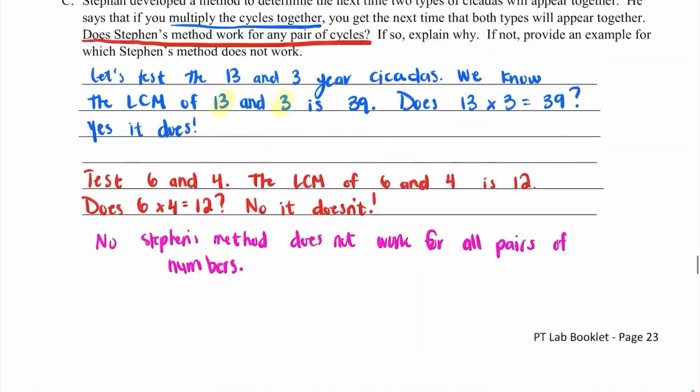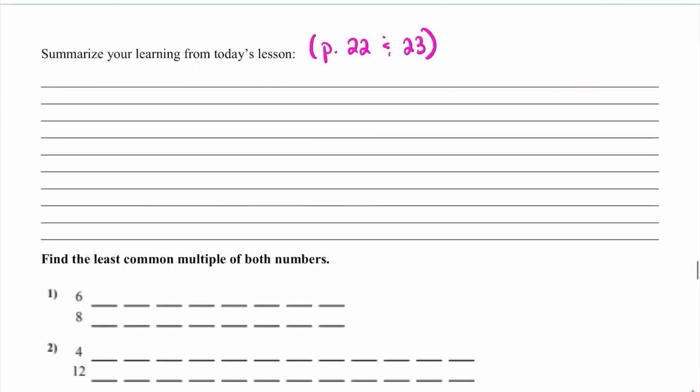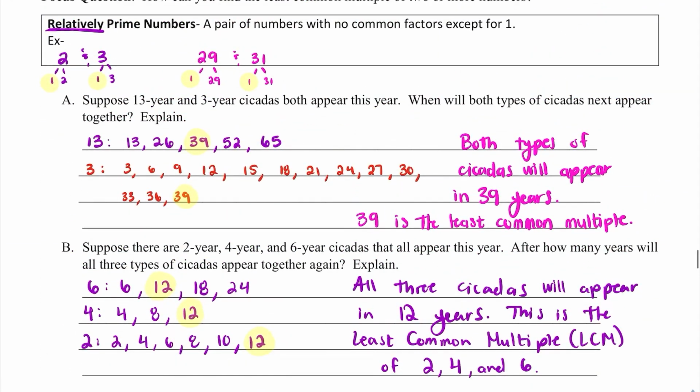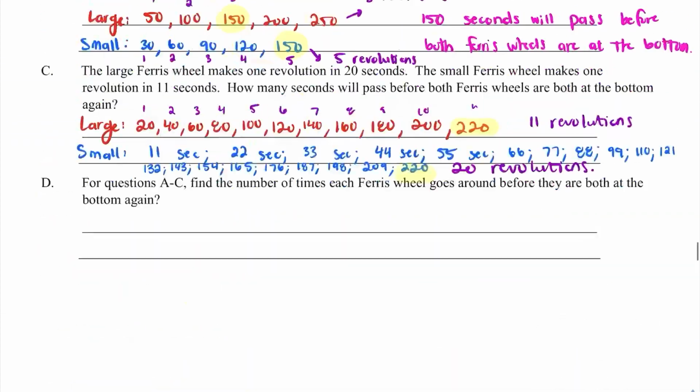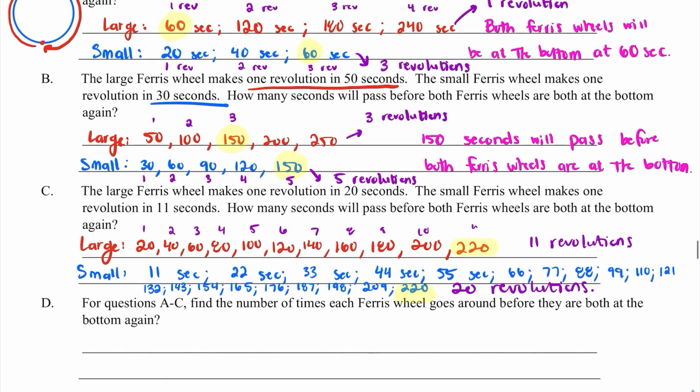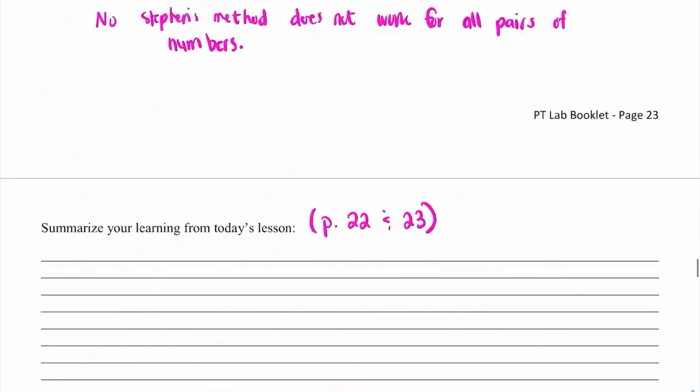Okay? All right, you guys. So there you have it. That was all about the least common multiple, okay? So I gave you a way to start out, how to find the least common multiple, but as you noticed, especially for this one, question C, that took quite a long time, right?